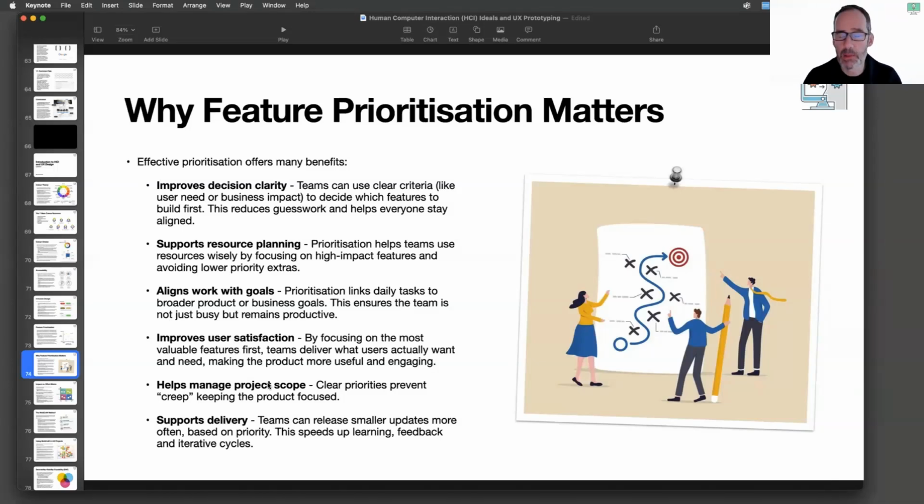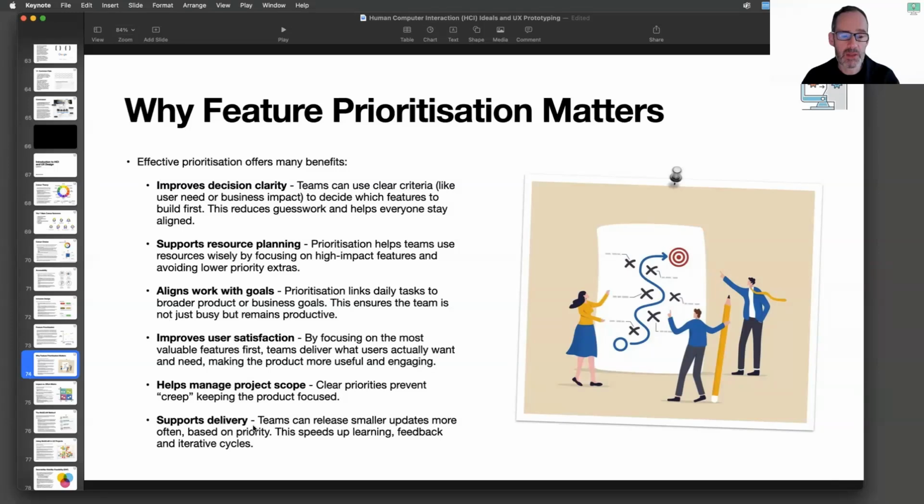It's happened to me a few times on different projects, and you're dealing with users and they just keep asking for more and more and more features, and it's dangerous for a project because you're sort of torn. You want to help the user or the business, but at some point you do need to say no to them as well. And prioritization can help you do that, and it helps you have those conversations with them.